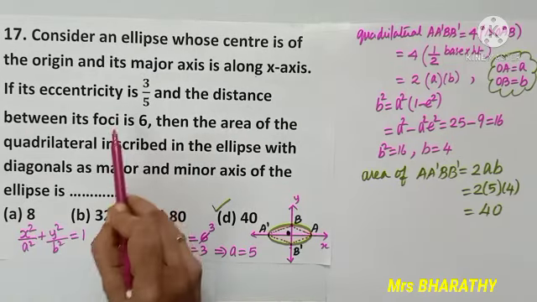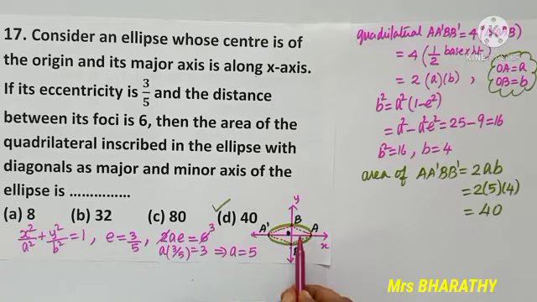Distance between the focus: one focus is (AE, 0), another focus is (minus AE, 0). So the distance between the focus, we remember the formula, is 2AE. 2AE is 6. Substituting and cancelling, we arrive at A is 5.